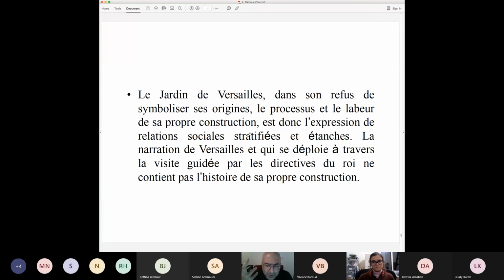But it's not important. They were not considered to be important by the country. The garden then is the expression of very stratified and very disconnected social relationships.